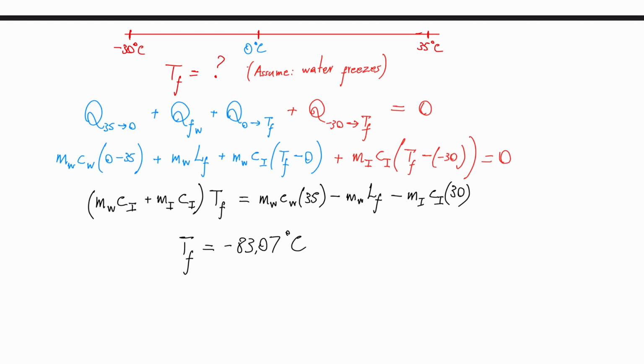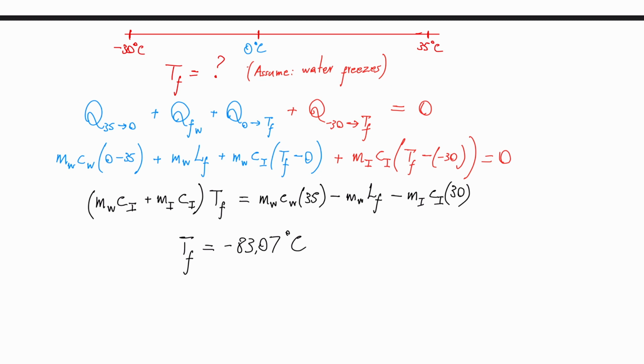And if you were again to make TF the subject of the formula, because we know all of these other terms, these terms are available, it's data given to us. The only thing we don't know is TF. If we were to solve for TF, we would first have to take TF as a common factor between this term and that term, and take everything else that doesn't have TF to the right side of the equation.